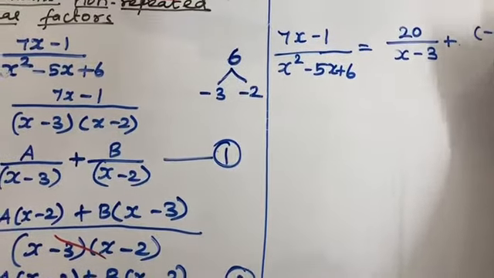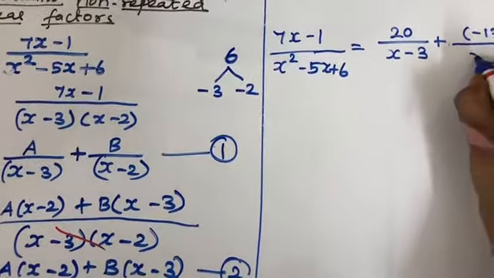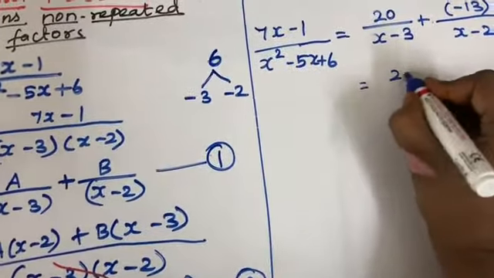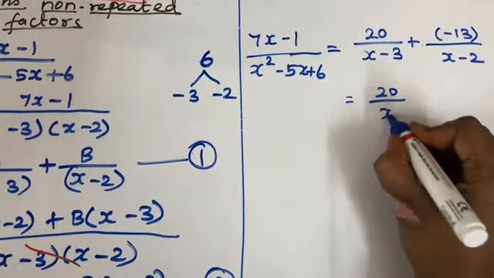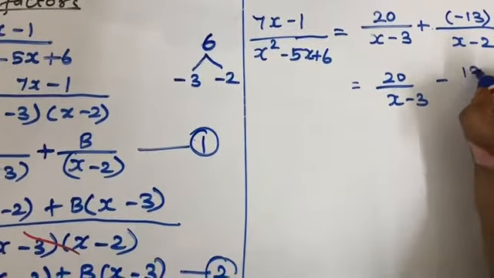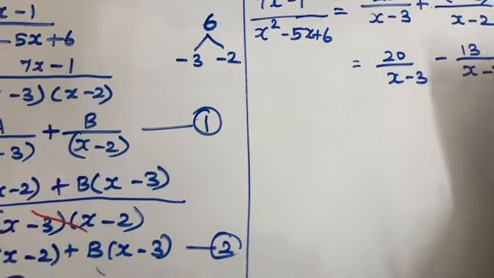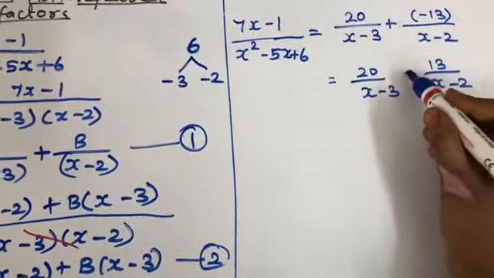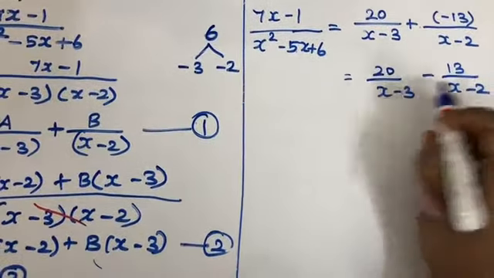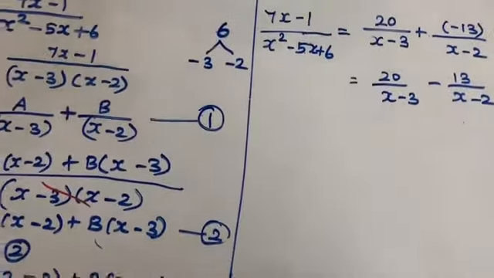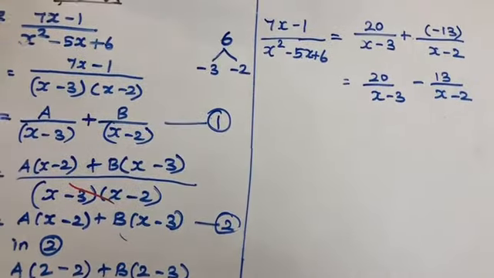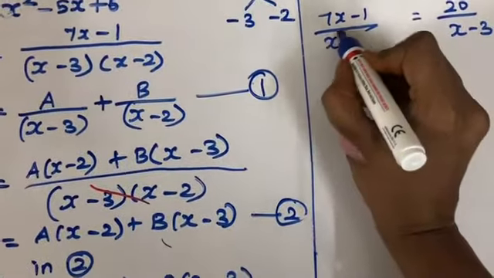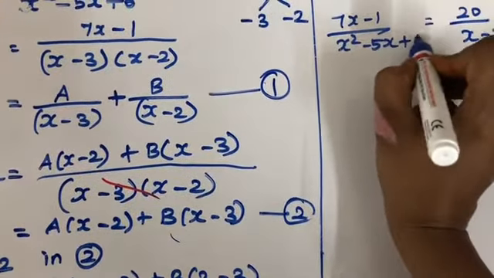Minus 13, minus 13 divided by x minus 2. So that is equal to 20 by x minus 3 minus 13 divided by x minus 2. Now this fraction is split up as a difference of two linear fractions. So this is how we need to write 7x minus 1 by x square minus 5x plus 6.